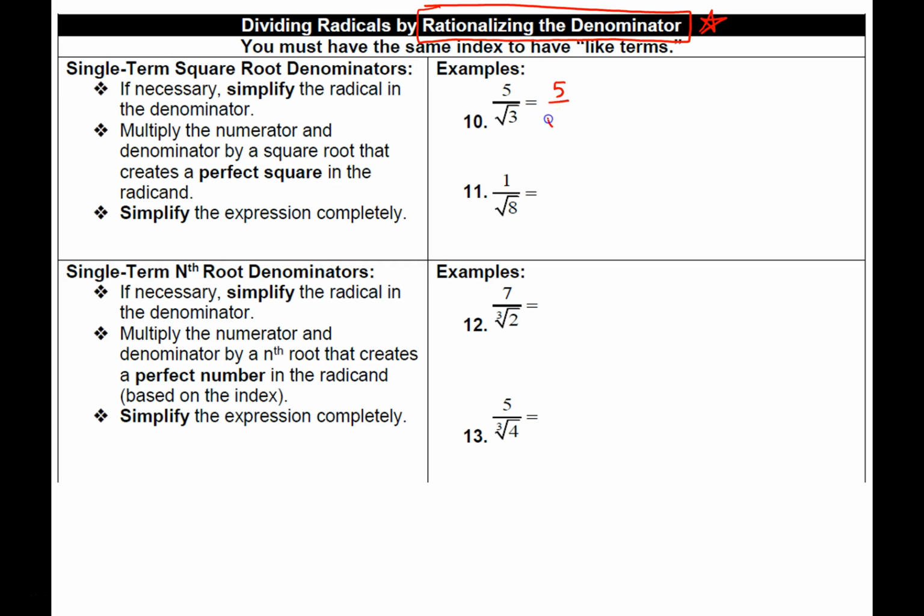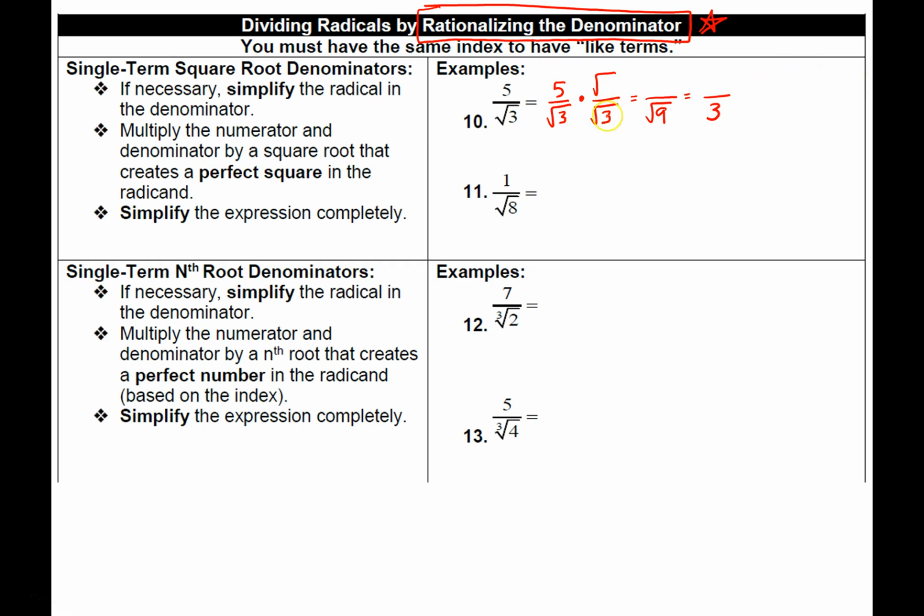So I'm going to rewrite my 5 divided by the square root of 3, and then I want to multiply by a square root on top and bottom that gives me a perfect number in the bottom. So because there's a 3 there, what I really want to do is square root of 3 times square root of 3, because 3 times 3 is 9, and that is going to simplify in my next step to just 3. And that doesn't have our radical in the denominator anymore. That's good. That's what rationalizing the denominator means.